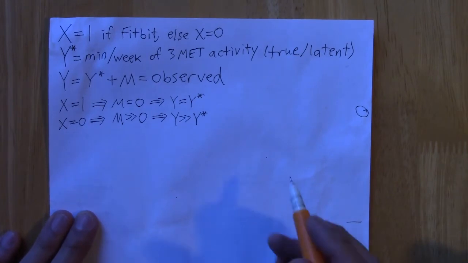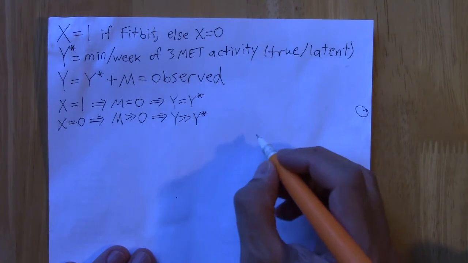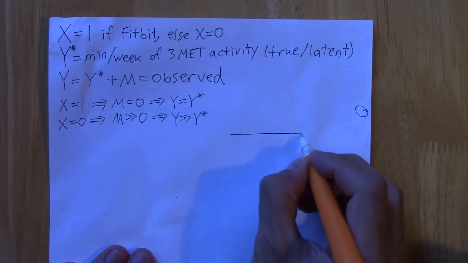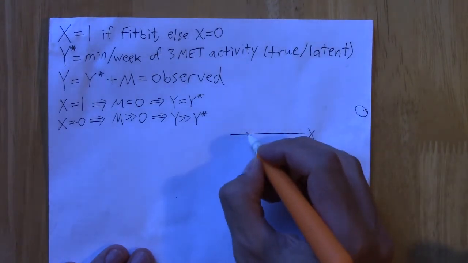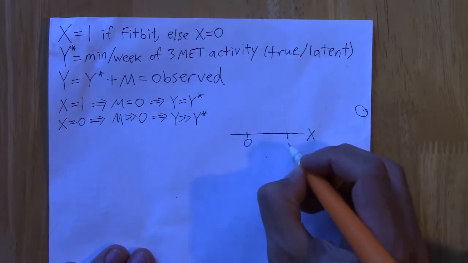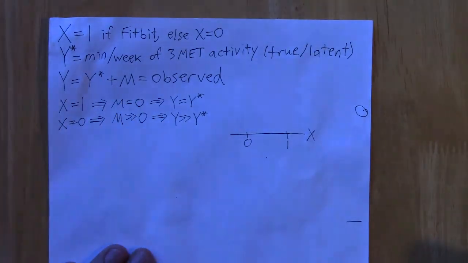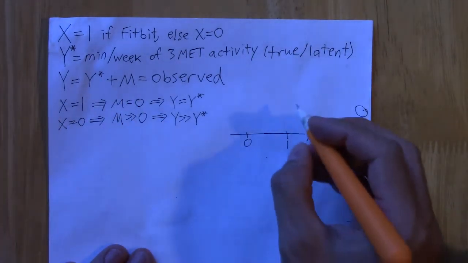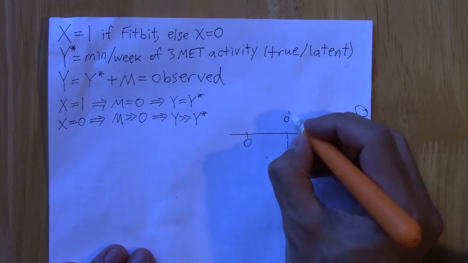So if we try to think about this visually, I think that'll be the easiest thing to do. Imagine here's our x variable, 0, 1. First we'll think about the true y star, and I'll represent those with open circles like this.